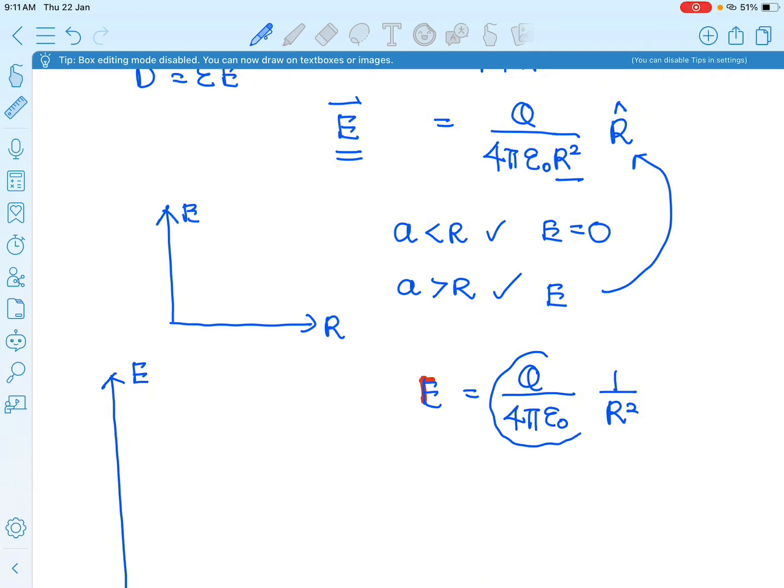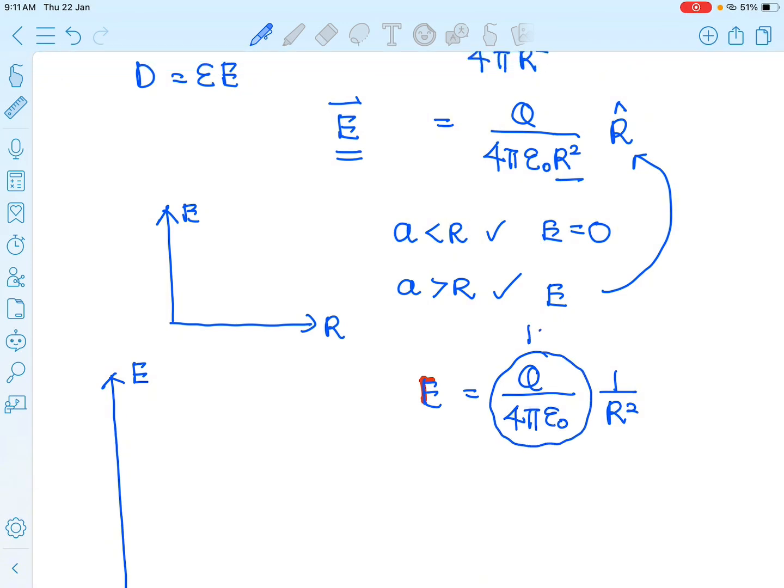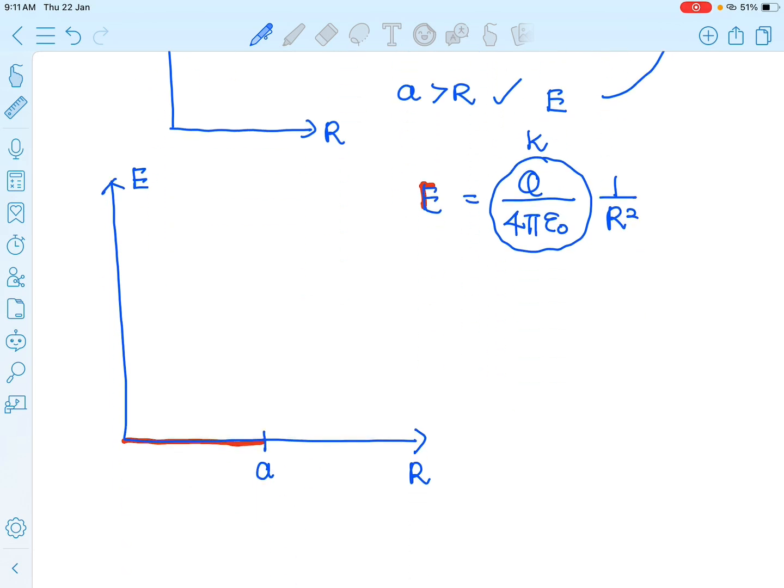We don't know the value of this part, but we can treat it as a constant K. If you have no idea about the shape, whether it is dropping straight, dropping exponentially or going up, you can construct a simple table. Over here you will have the value of R, and over here the value of E.